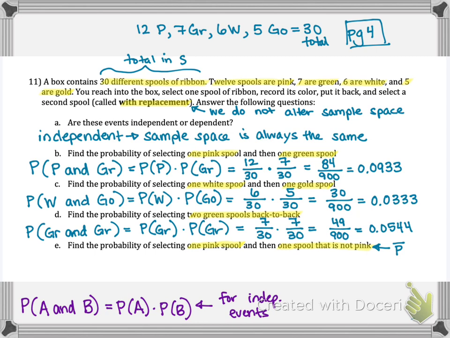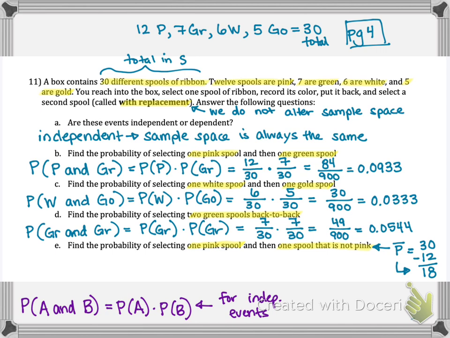So my question is, if we know there are 12 pink spools and 30 total, how many are not pink? And so I immediately want to subtract. I would take the total and then I would subtract the number that are pink. And I am going to be left with 18 total spools that are not pink.